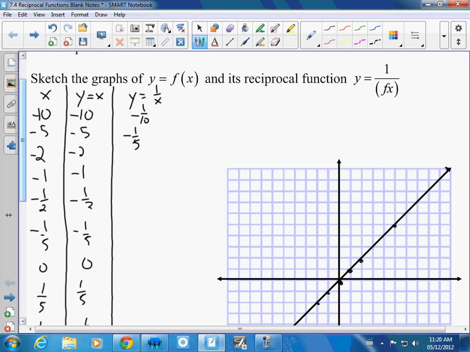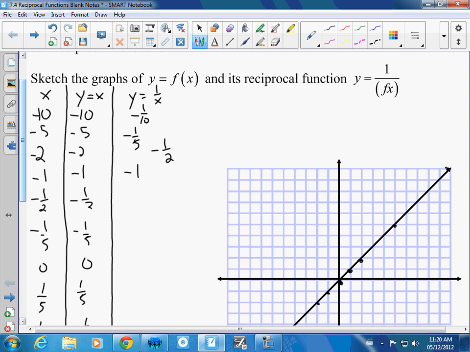You take negative 2 and you flip it. Negative half. See what we're doing here? Careful here. Oh, this one is really tricky. Negative 1, flip, negative 1. Does it change? No, that one's kind of nice.